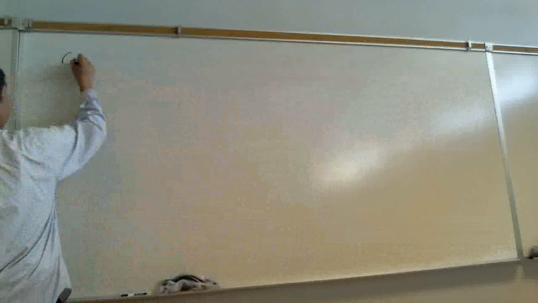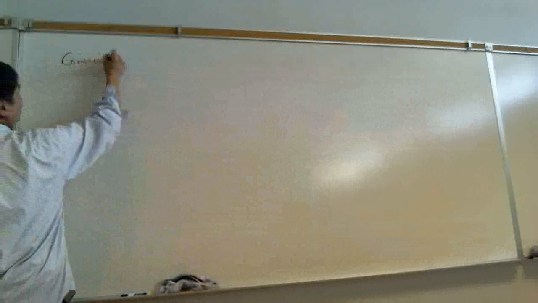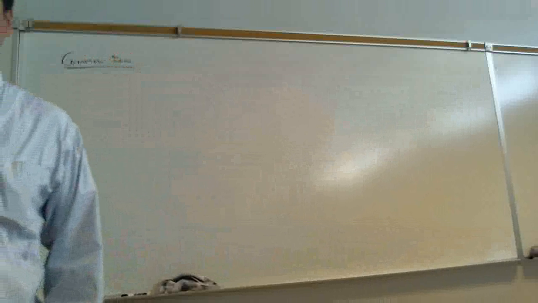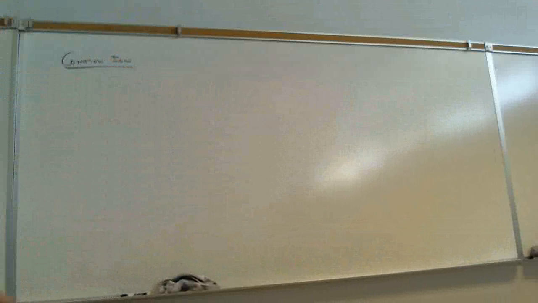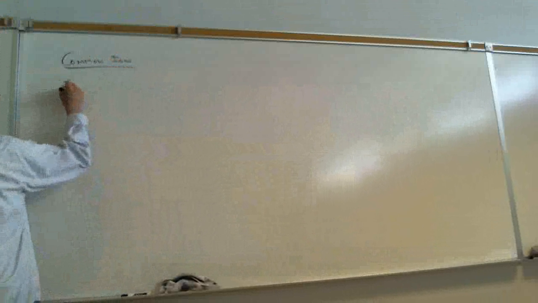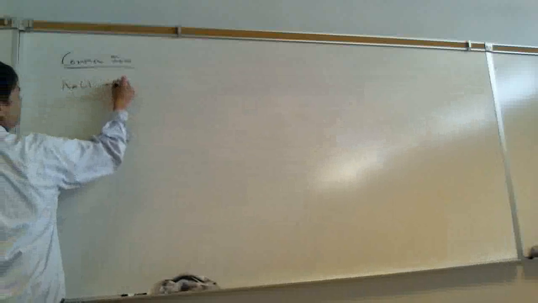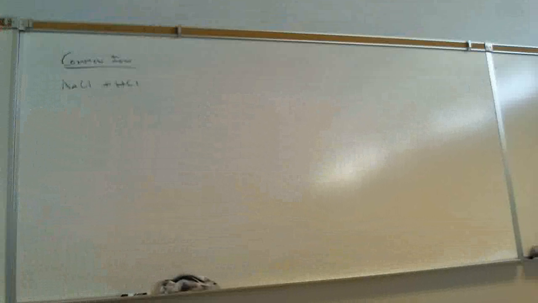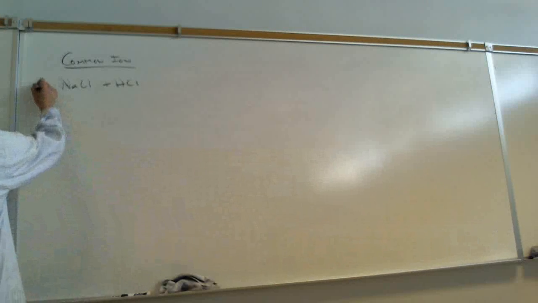We have mixtures that are called common ion mixtures. A common ion would be something like this. If I take sodium chloride and HCl and mix them together, the common ion here is chloride. That would be one example.